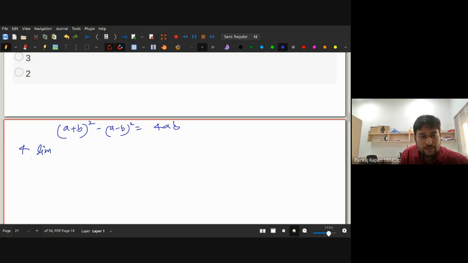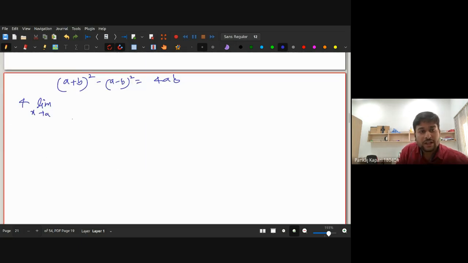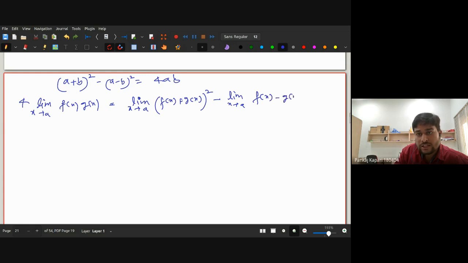and we apply the limit on both sides. So 4 times the limit as x goes to a, where a is some constant, of f(x) times g(x) must be equal to the limit as x goes to a of (f(x) plus g(x)) whole square minus the limit as x goes to a of (f(x) minus g(x)) whole square.